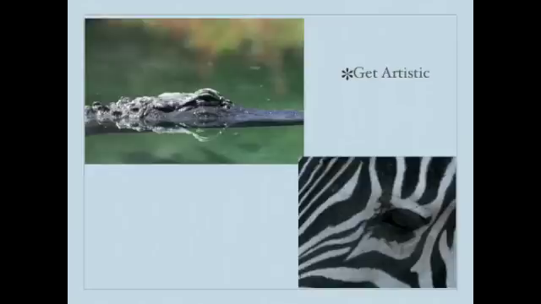Now, on the right, I did this close-up of this zebra's eye, and because of the amazing patterns on those animals, you first look at that and you're thinking, what is that? And then the more you look at it, you go, wow, that's his eye. So try to get artistic as well when you're looking at the different animals.